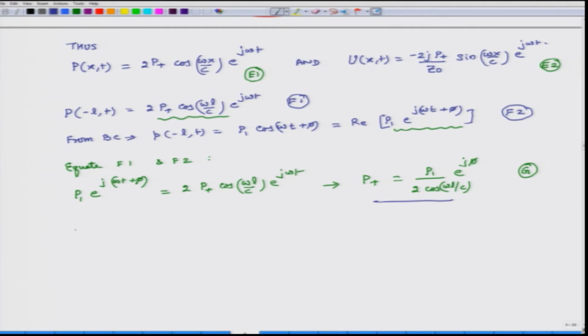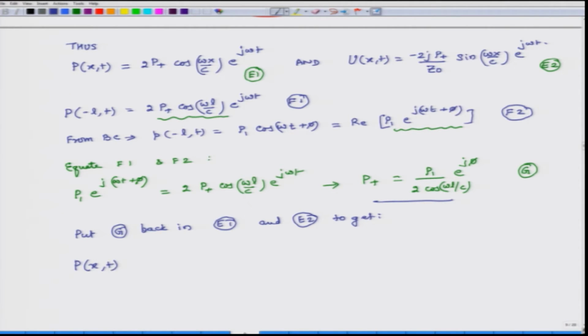So, now what I do is I put G back in E1 and E2 to get my complex pressures.